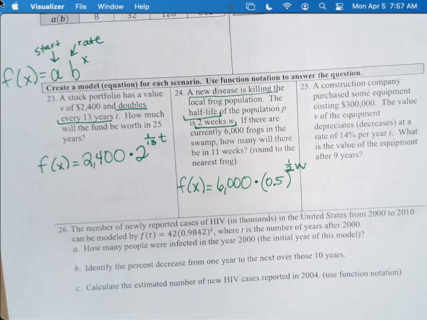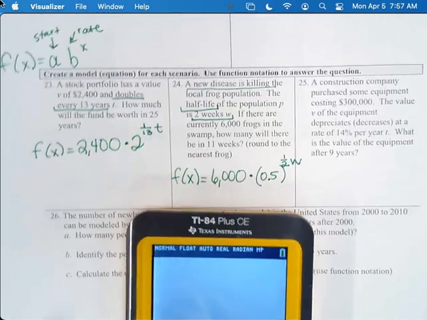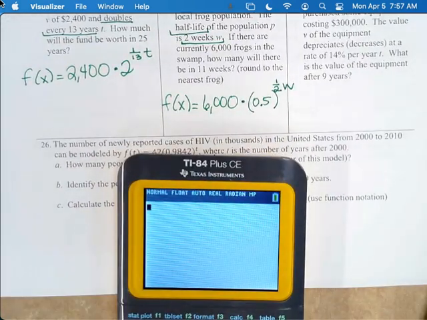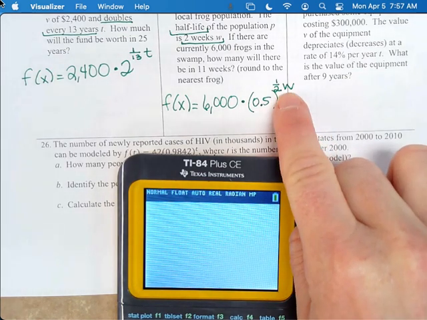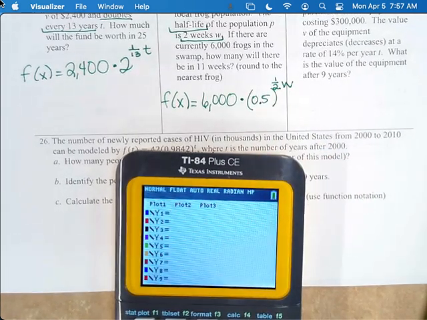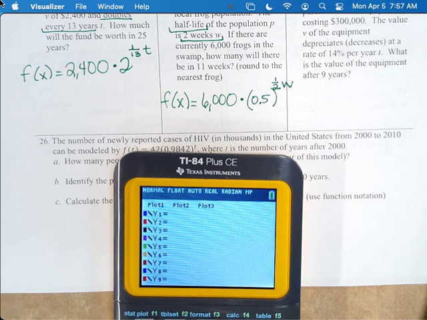So then we want to know for 11 weeks. So we can either put it in our table of values, our y equals, and look at the table, or we can plug in 11 right here. I'm just going to put it into y equals. So everybody do this with me. Get your calculator out or use the calculator on your computer.